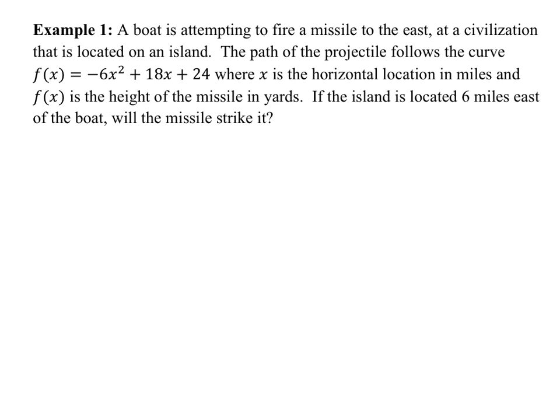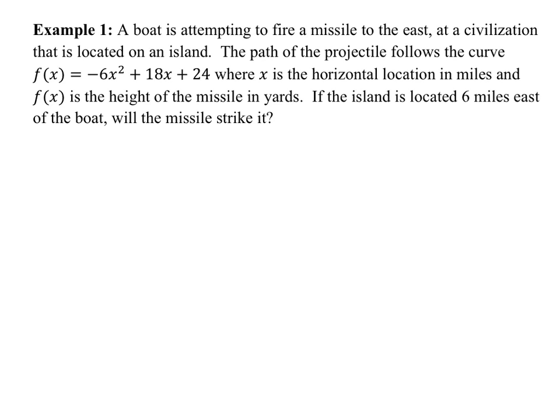So, our question really is, when the missile returns to the ground, is it going to be 6 units to the right of where it started? And if you recall from the last section, whenever we solve these equations, we are getting the x-intercepts. So really we're looking for the x-intercepts here. If we could find the x-intercepts and see if this one starts here and this one is 6 away, it lands on the island.